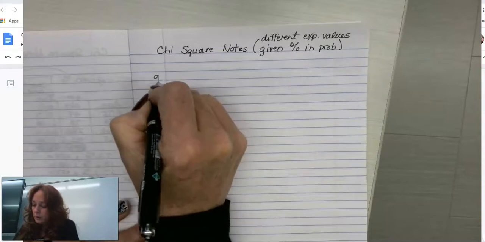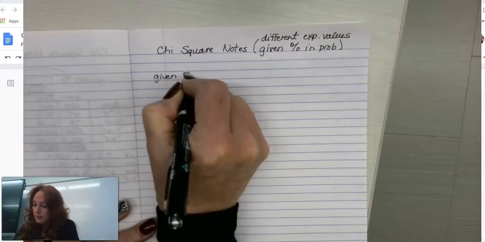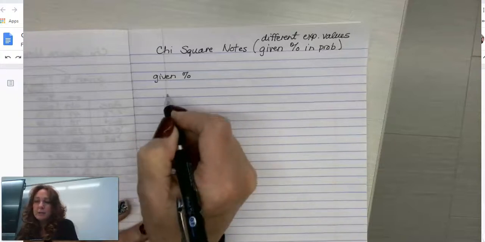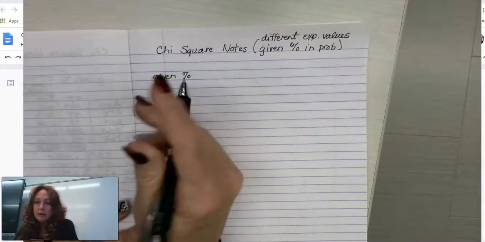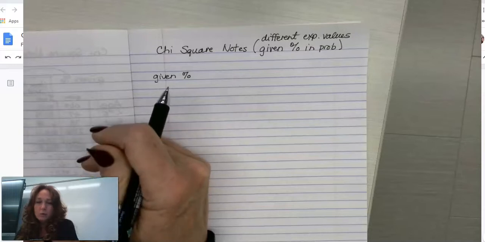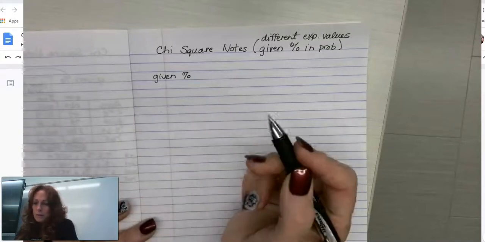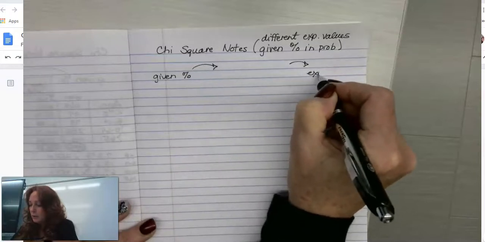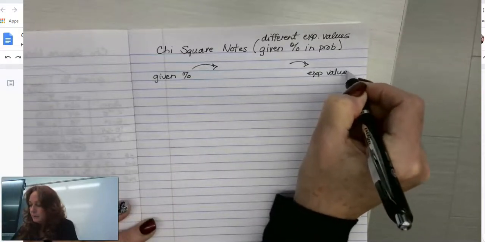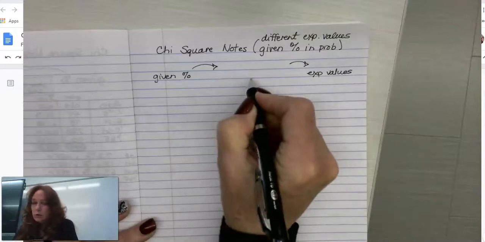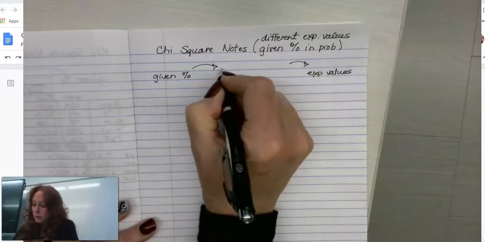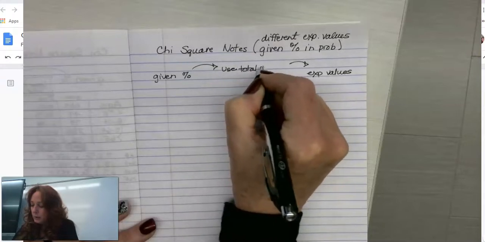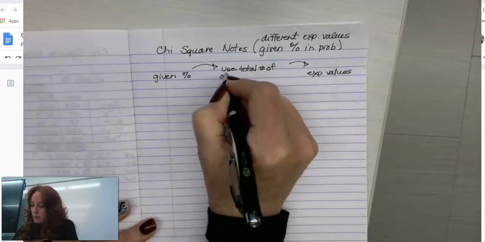So when you're given percentages, so if they tell you there's a certain percent probability in the population that whatever that category will occur, you just have one more step that you have to go through until you can actually have your expected values. So what you do is you're going to use the total number of observations.